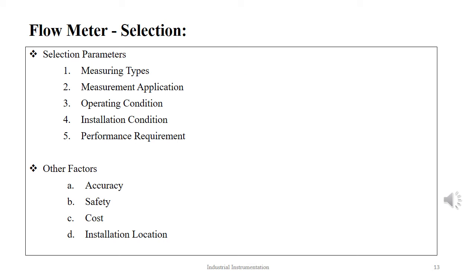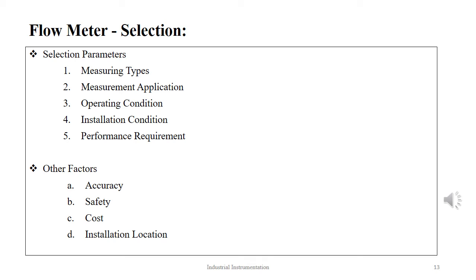While we carry out the selection of a flow meter, there are many factors that we should keep in mind. These factors are the measuring medium, that is, whether it is gas or vapor or slurries. We also take into account the application of the flow meter, that is control based action, monitoring based action, or just a supply flow device.